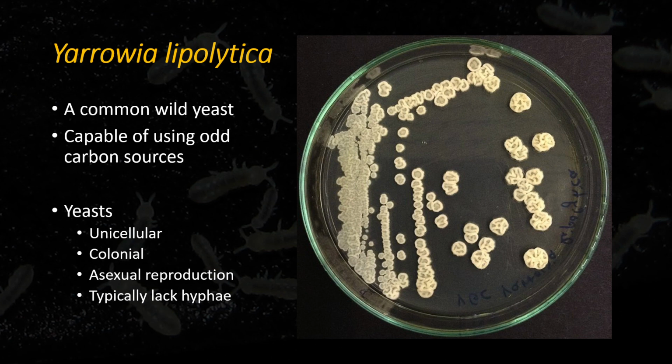That wild yeast is also in our soils, and this is typically what it looks like when we get it on a Petri tray. Sadly, I don't think we're going to be able to culture our own soil fungus and bacteria this year. I can't think of a safe way for you to do it at home. Maybe I'll come up with one, but right now I can't think of one.